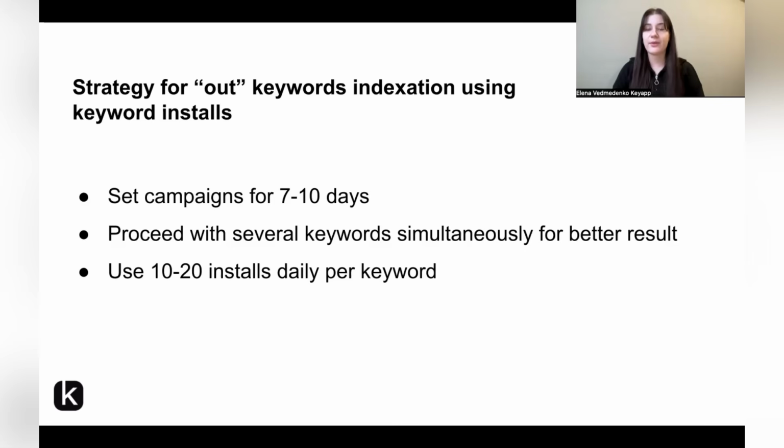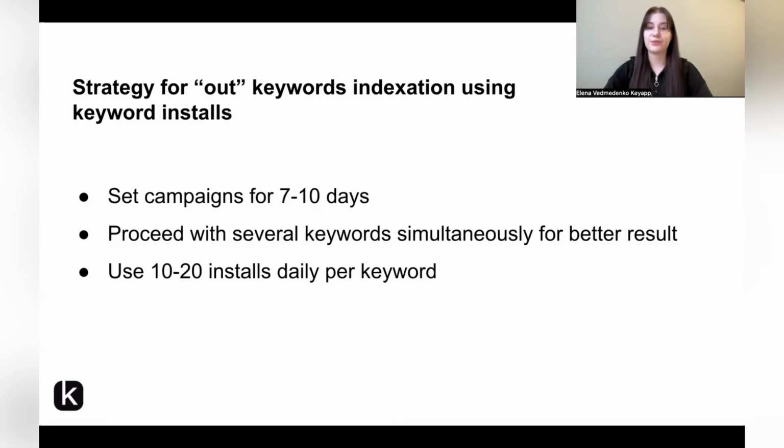A little bit about the strategy, so you understand that you do not need to spend huge volumes of installs. It is better to proceed with longer campaigns of 7-10 days, so as to show Google that the application gets installs on a permanent basis, and in such a way the Google search algorithm starts to understand that the application should be indexed.